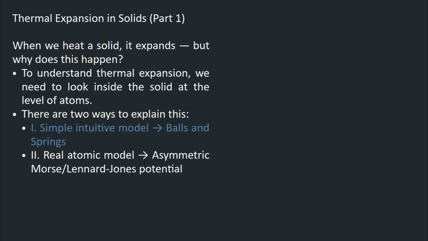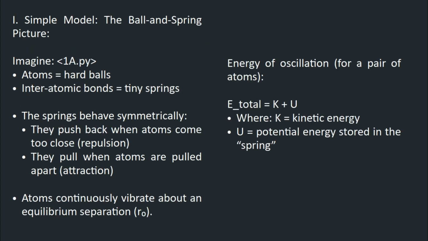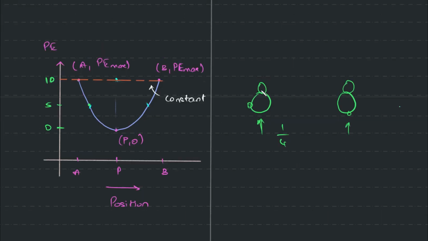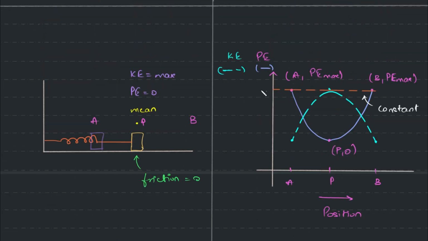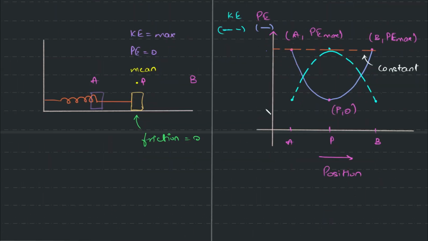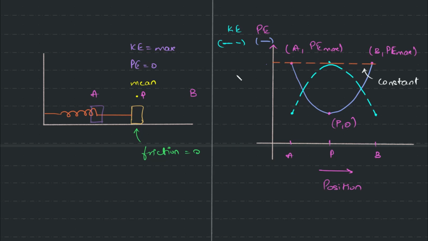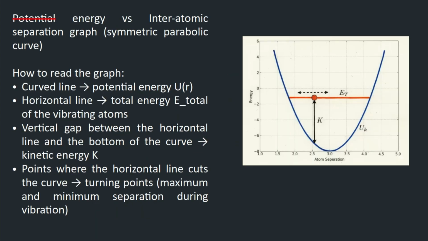For now, I'll show you everything. It's left to you where you want to write and what you want to write. For this, you can relate it to this, I guess. That same graph can be used.